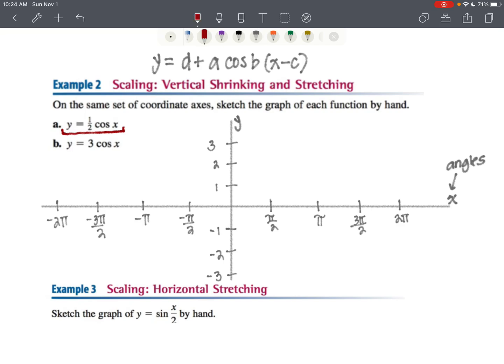What we're working with here is a. A describes your amplitude. So the absolute value of a is equal to the amplitude.